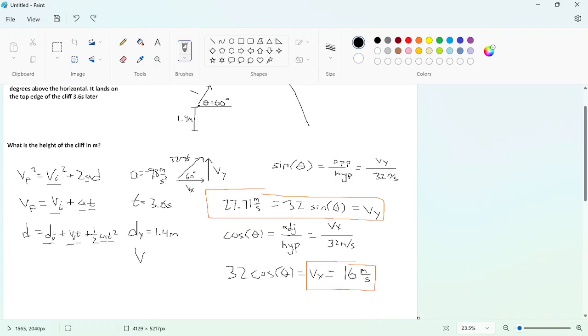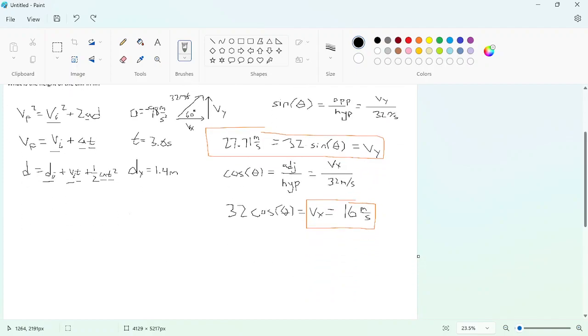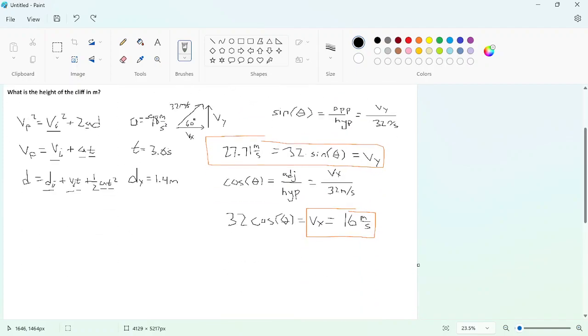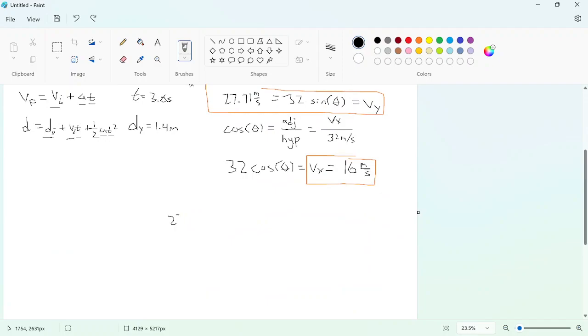Velocity final. Its initial y velocity is going to be 27.71 meters per second plus its acceleration, negative 9.8 meters per second squared, times the time it takes, 3.6 seconds.